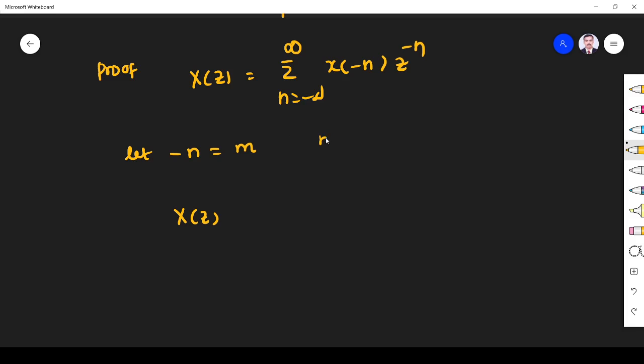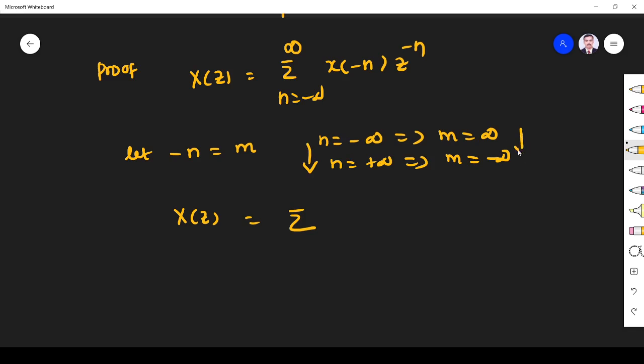If n is equal to minus infinity, this implies m becomes plus infinity. If n is equal to plus infinity, m becomes minus infinity. I made everything in terms of m, so m varies from plus infinity to minus infinity.